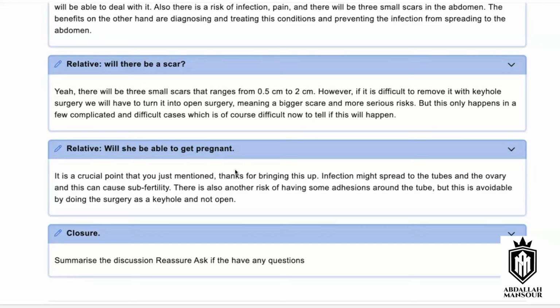But there is another factor that we need to consider, that this actually might delay things. And at a certain point, if we think your condition is getting worse, we'll have to go ahead and do the operation anyway for her best interest, because this is a major concern that some might get into sepsis. And in terms of the discussion with the consultant, it can happen anytime, either before or after the operation.